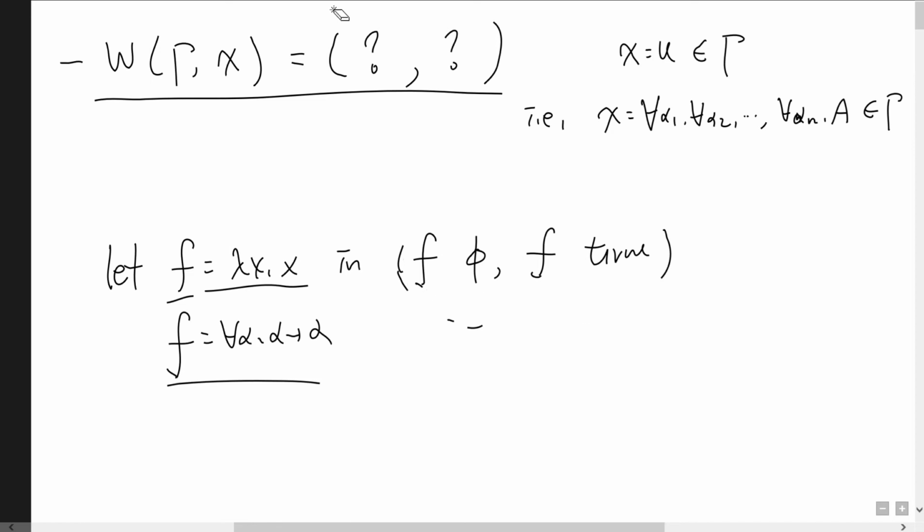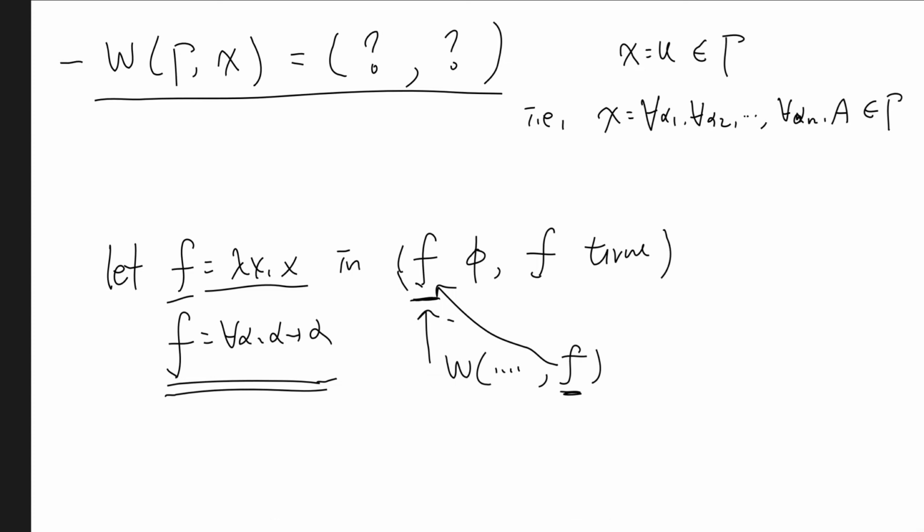So let's consider the first case. Here, now we have just applied the algorithm W with some typing context and an expression f. And this expression f points to this one. And we know that f has this polytype. Then what is the best action that we can take? If we are lucky, we could just assign int arrow int here.